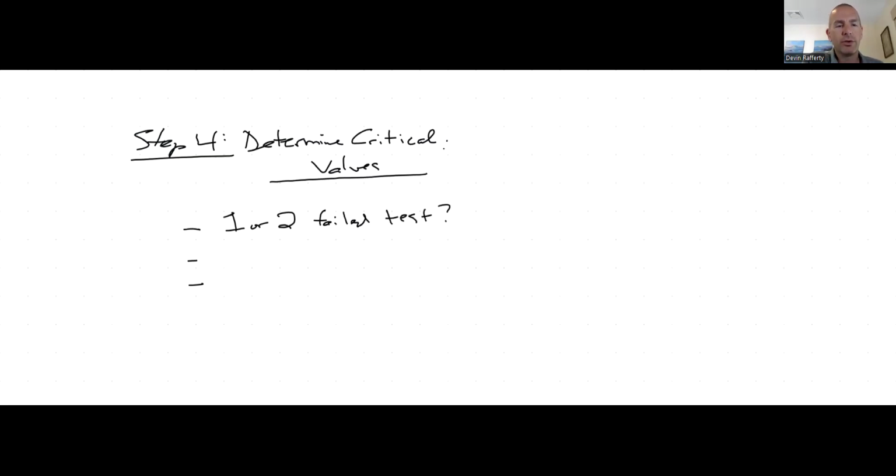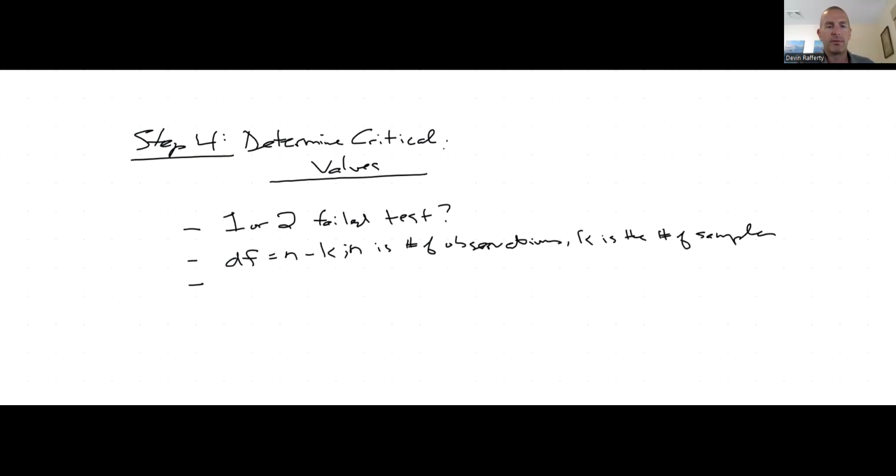We need to know the degrees of freedom. Degrees of freedom is n minus k. N is the number of observations.